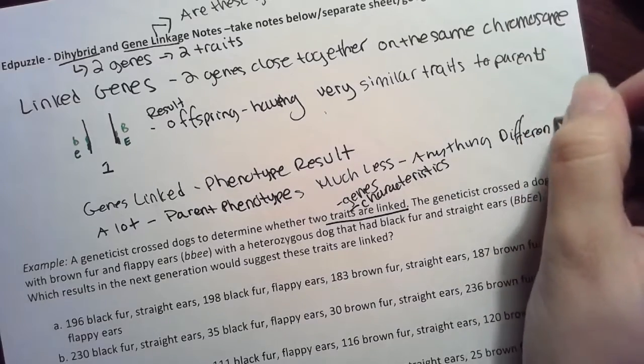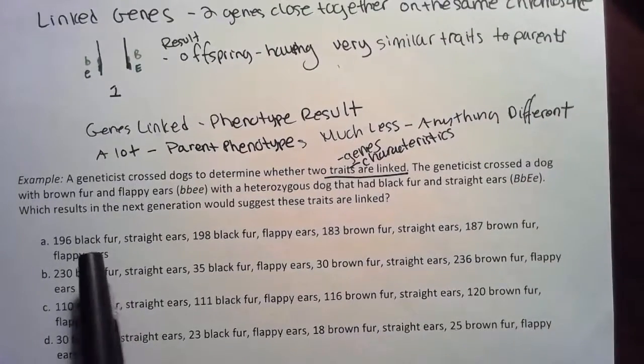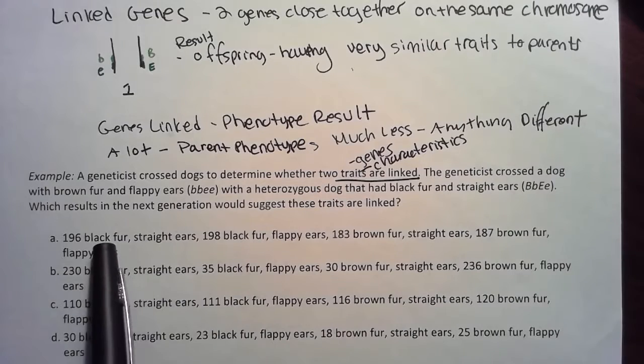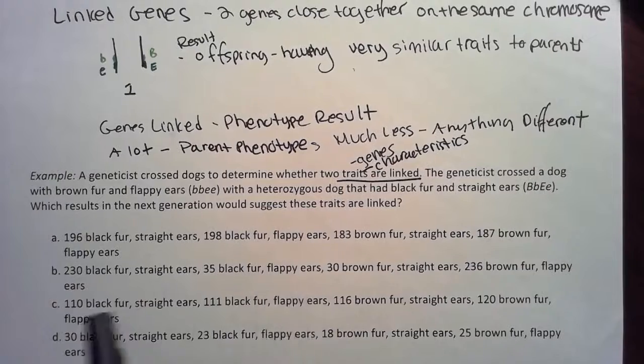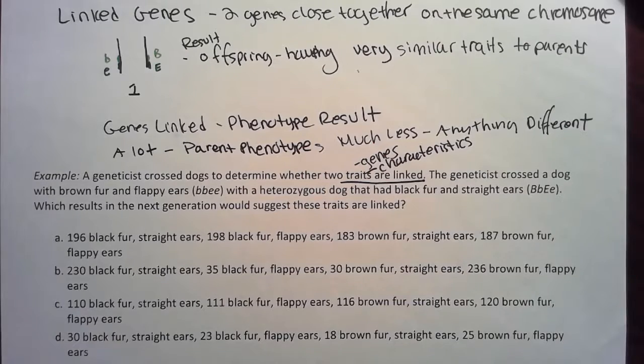When I do a dihybrid cross, it's pretty normal that I get 4 different phenotypes. If I look at my multiple choice problem, my phenotype options are black fur and straight ears, which was my mom, black fur and flappy ears, that's neither parent, brown fur and straight ears, neither parent, or brown fur and flappy ears, which was my dad.